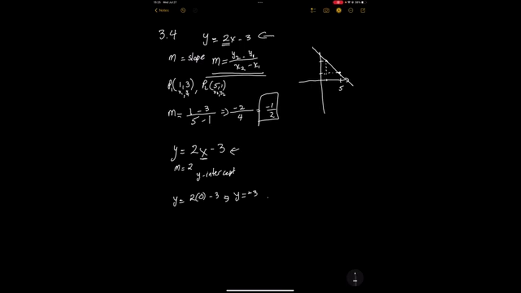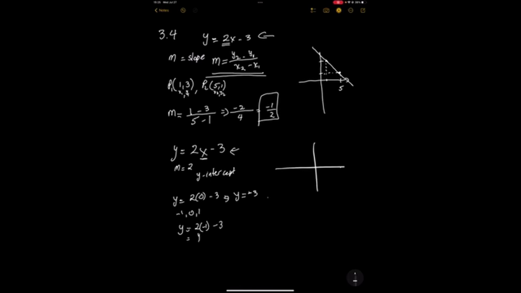And if we actually graph it, we'll see that. Let's say we put -1 for x. Let's do -1, 0, 1. So -1 for x would be y equals 2 times -1 minus 3.